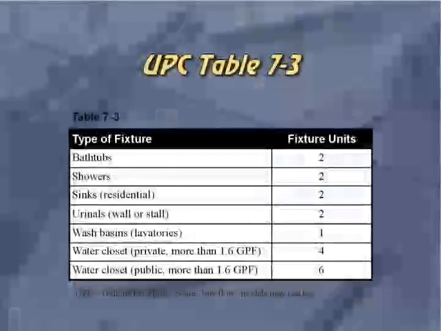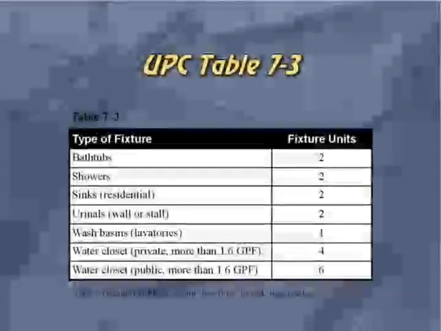A bathtub is a 2 fixture unit. It will deal with about 15 gallons per minute. Again, I want you to read through that. And let's get over to those tables 7.3 and 7.5 here that list the different types of fixtures and what their fixture unit rating is.